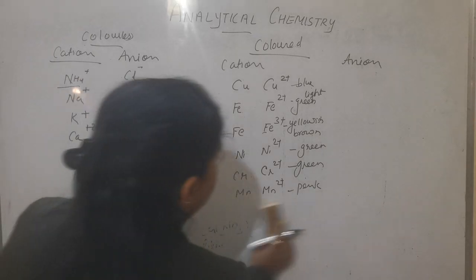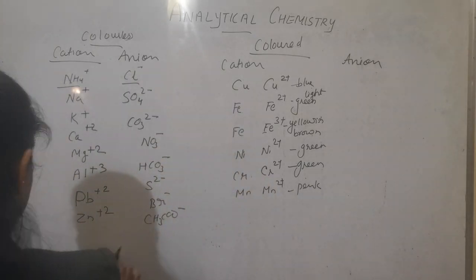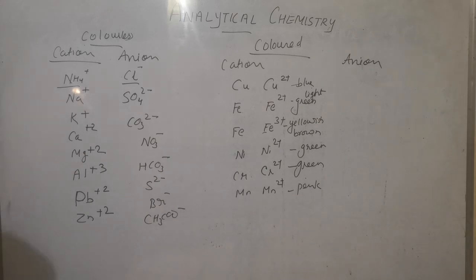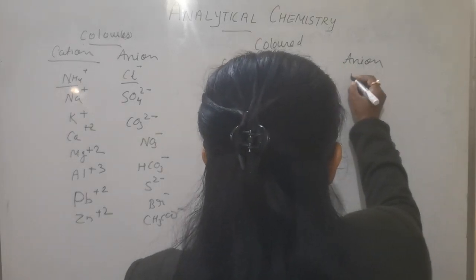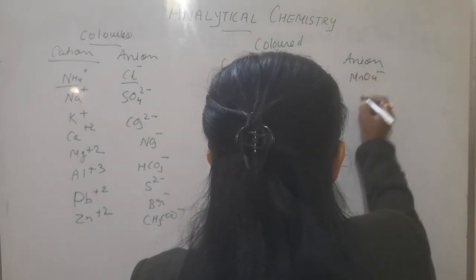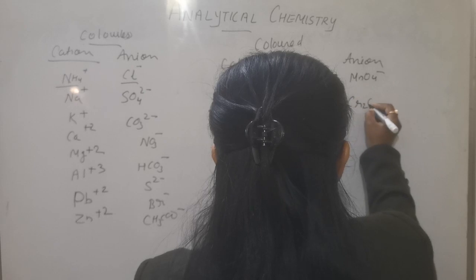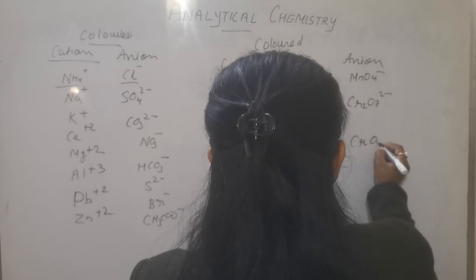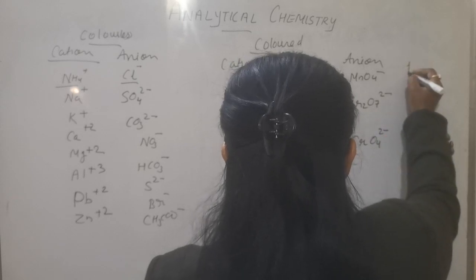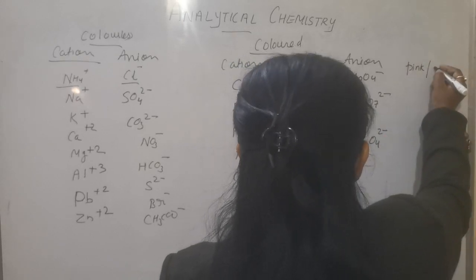Now we'll take some colored anions. Permanganate, dichromate and chromate. Permanganate pink or purple.